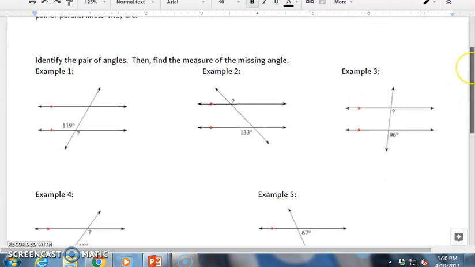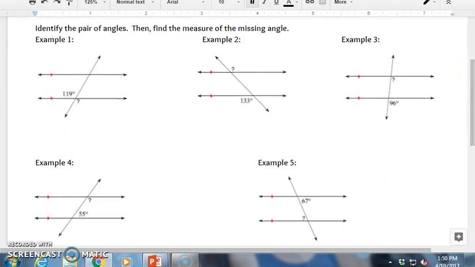So what we're going to be asked to do is identify the type of angle. Okay, so 119 with this question mark here. Those two are going to be what type of angles? Those would be vertical because they're opposite of one another.